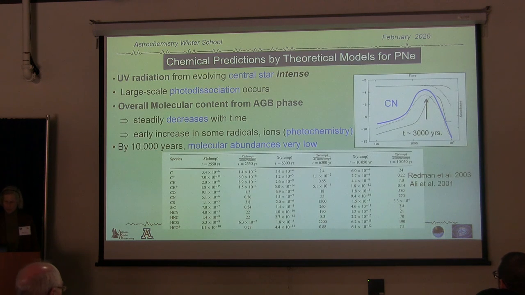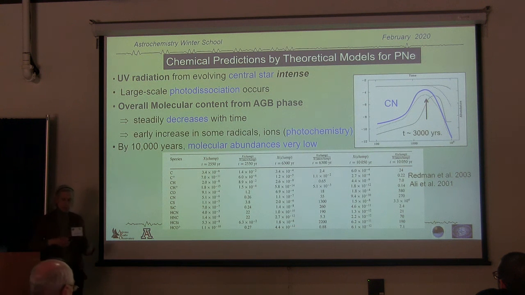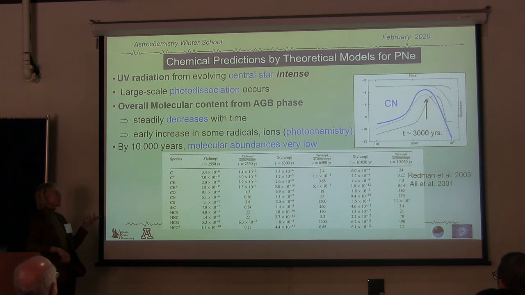And that's the question. Now, way back when, there was a paper by Tom Parquist and collaborators that actually predicted that molecules would be present in planetary nebulae, but since then there have been a few other models that said quite the opposite. Now, the UV radiation coming from the central star of the nebulae, as it becomes a white dwarf, is very intense.